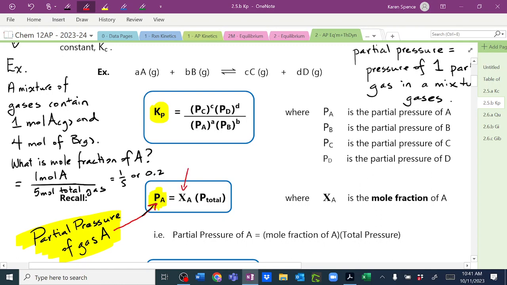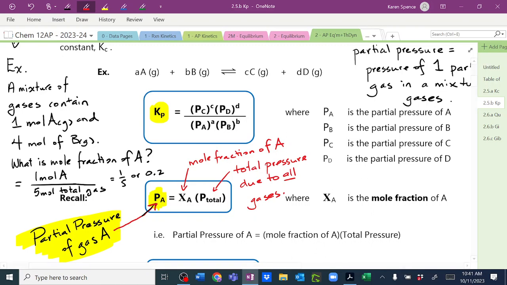Mole fraction of A, times the total pressure due to all gases. Does it make sense that if 1/5 of your particles are A, they will contribute to 1/5 of the pressure? Yeah? Okay, that's all that's really saying.